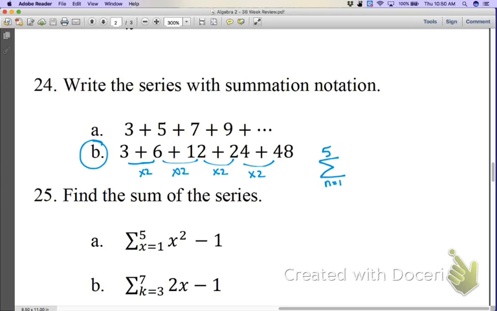So if it's geometric, remember my rule is just a sub 1 times r to the n minus 1 power. So what's my ratio? What are we multiplying by each time? 2. What's my first term? 3. So 3 times 2 to the n minus 1 power.